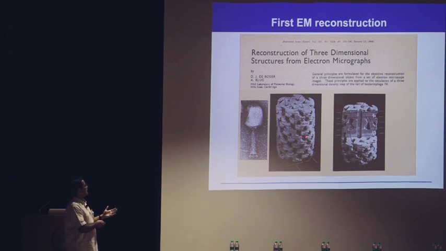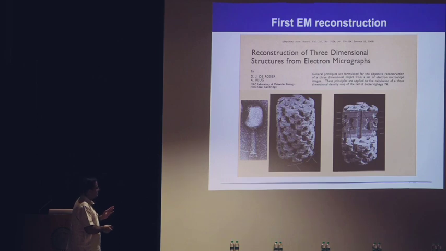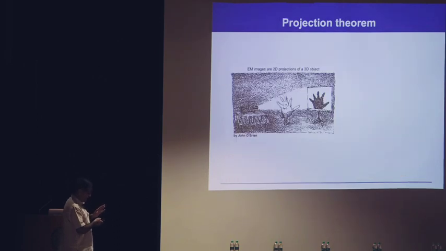So this ideally is the first EM reconstruction. Okay. Now how they came up with it was based on a very simple thing. The EM images we get are 2D projections of a 3D object.